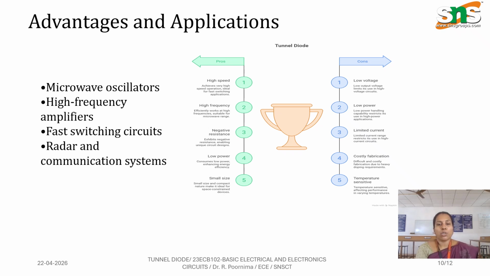It consumes low power, which gives energy efficiency, and it also has a small size, which suits space constrained devices. And let's see the applications of tunnel diode. It is used in microwave oscillators, high frequency amplifiers, fast switching circuits, and radar and communication systems.